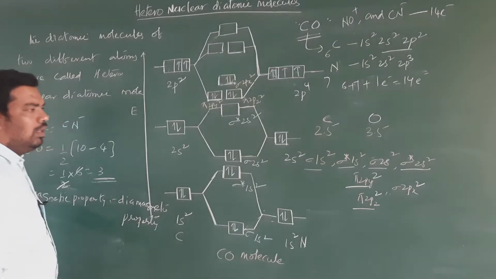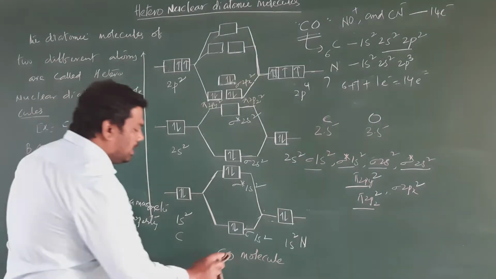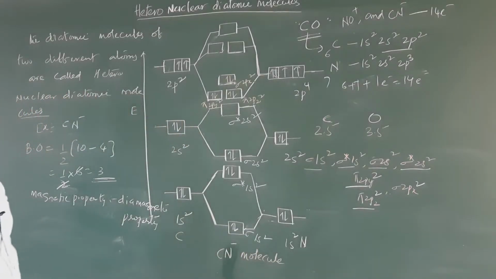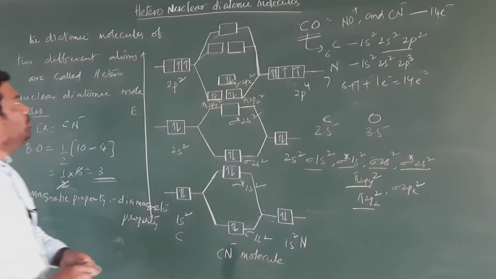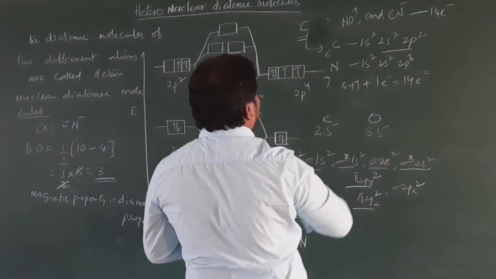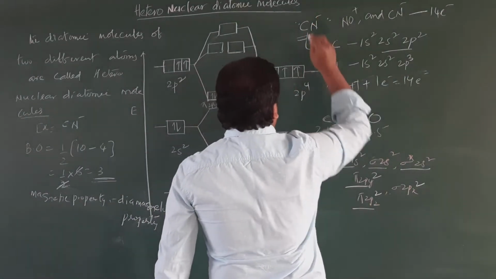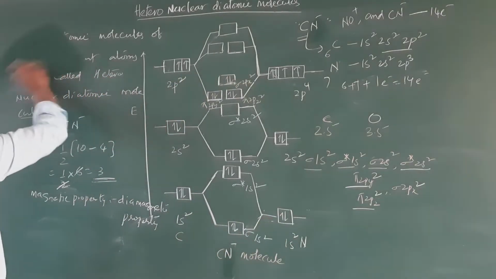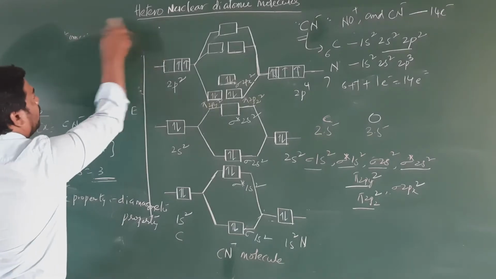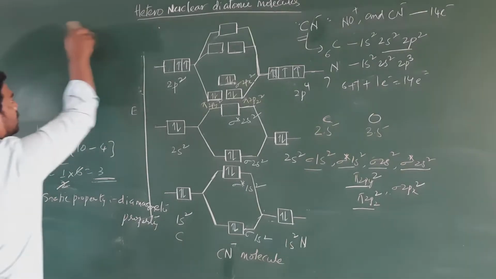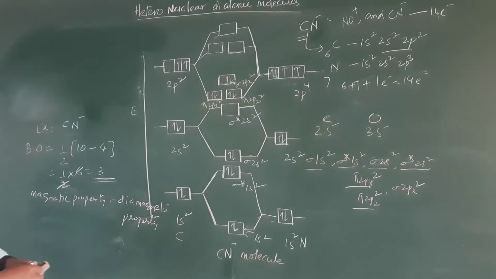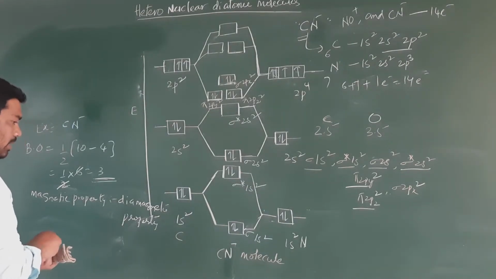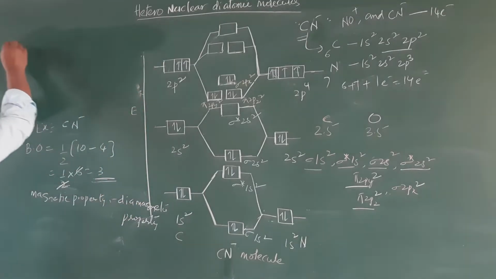Okay, this is the heteronuclear diatomic molecule CN minus, the molecular orbital energy level diagram of CN minus molecule. Clear, right? So then we will move to the third example.